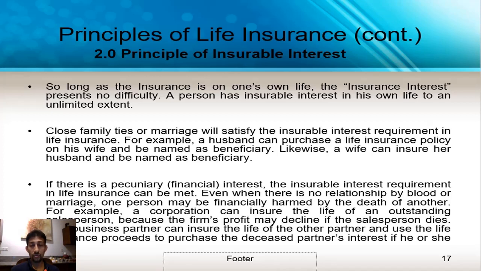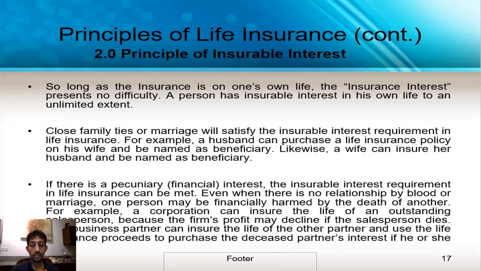Even when there is no relationship by blood or marriage, one person may be financially harmed by the death of another. Now that's very important. For example, a corporation can insure the life of an outstanding salesman because the firm's profit may decline if the salesperson dies.